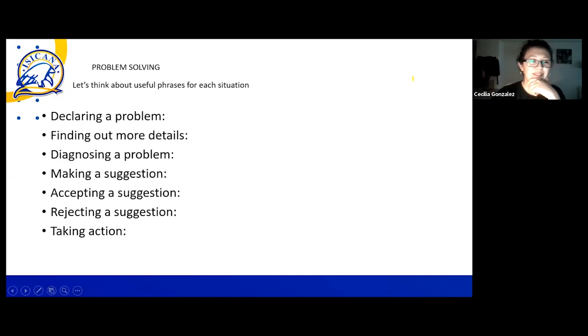No, no. Y creo que se cortó. Se cortó. Ahora volvió. Okay.